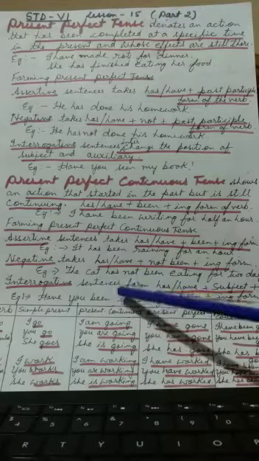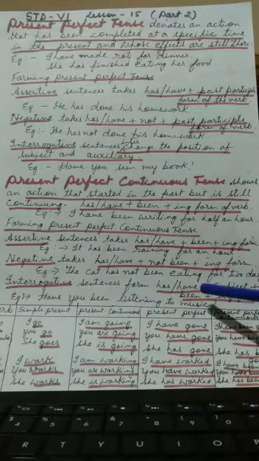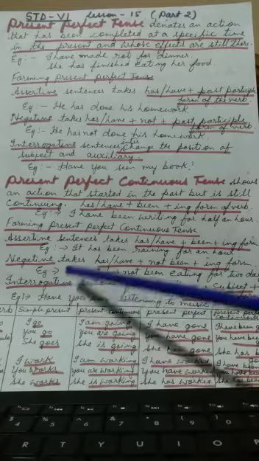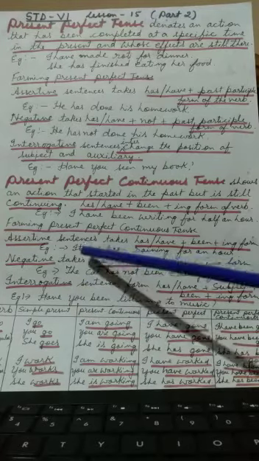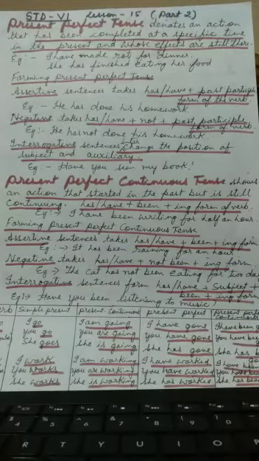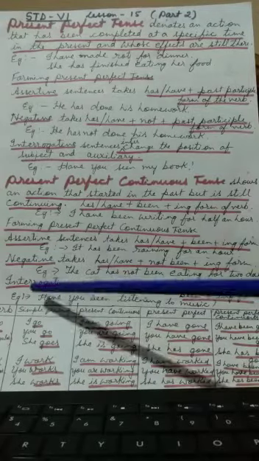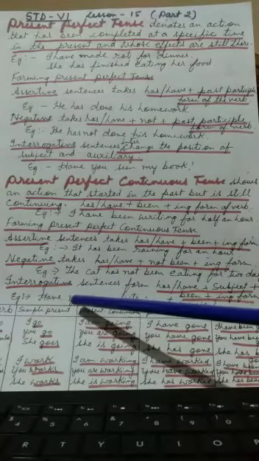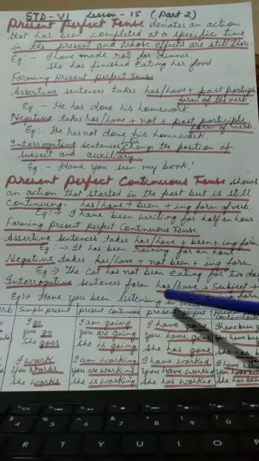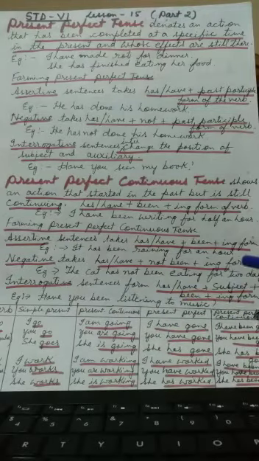Have you been listening to music? Suppose we are saying, has it been raining for an hour? So this auxiliary you will put first, then the subject, then been plus the ing form of the verb.